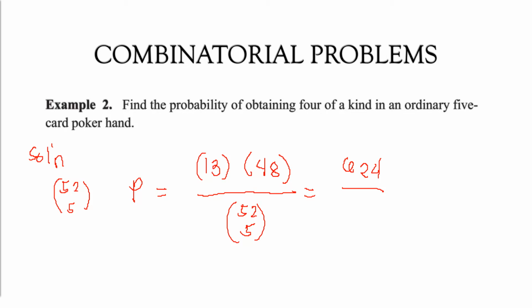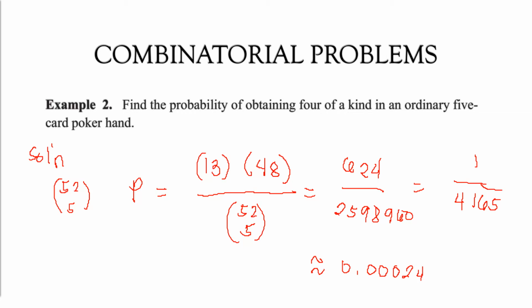So you have 2,598,960. So if we reduce that, the probability is equal to 1 over 4,165, or approximately equal to 0.00024.